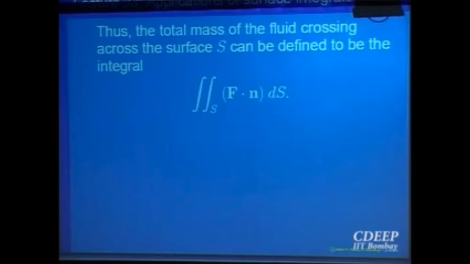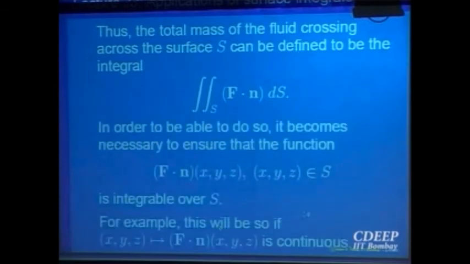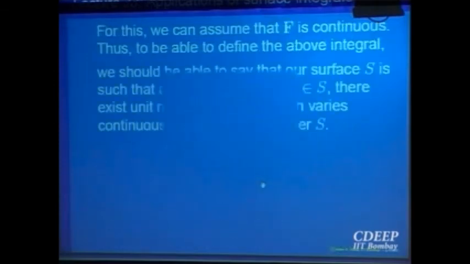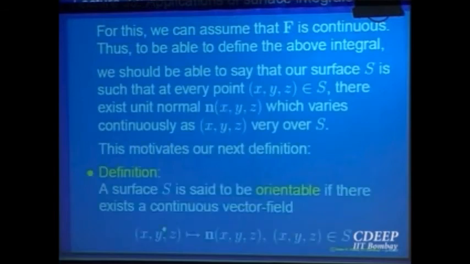That may not always be true for all surfaces. That is the point. So let us make that assumption first. Okay? We'll say it is continuous, then it will be meaningful. So the surfaces for which it is possible to have a continuous unit normal on the surface are called orientable surfaces.